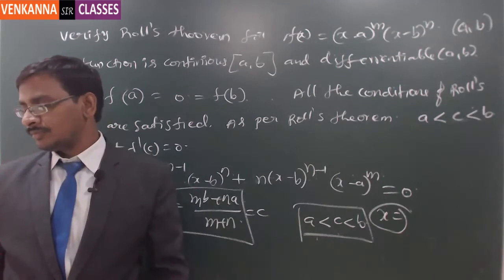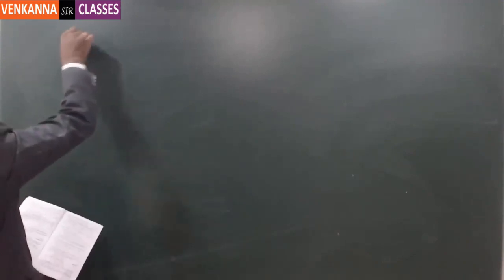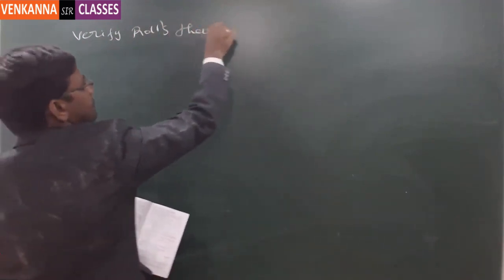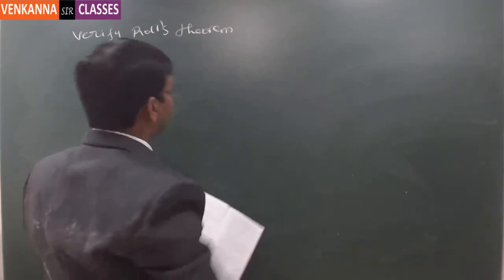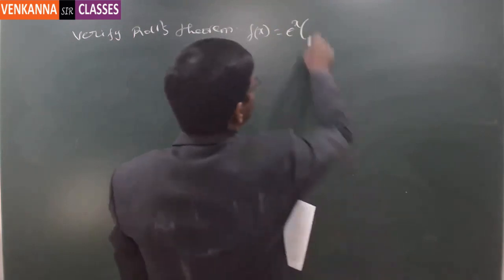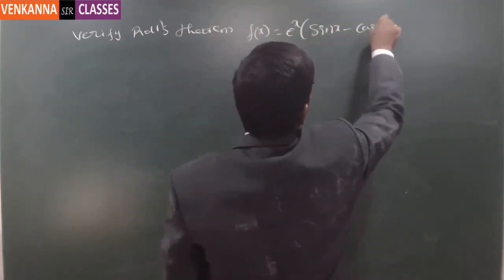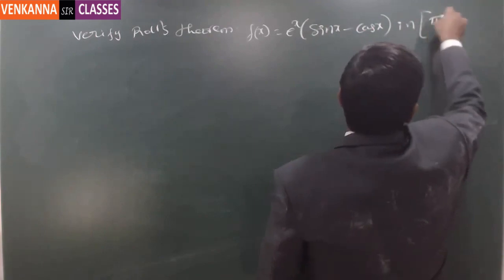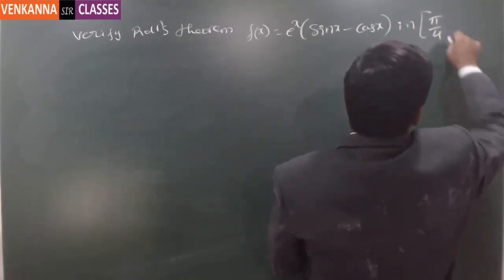Anybody? Note down one more. Verify Rolle's theorem for f of x is equal to e power x into (sin x minus cos x) between pi by 4 comma 5 pi by 4.